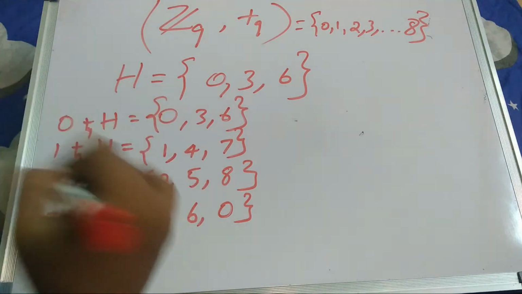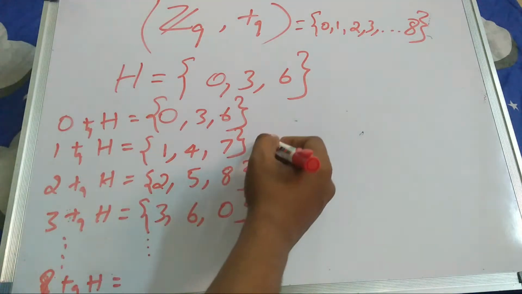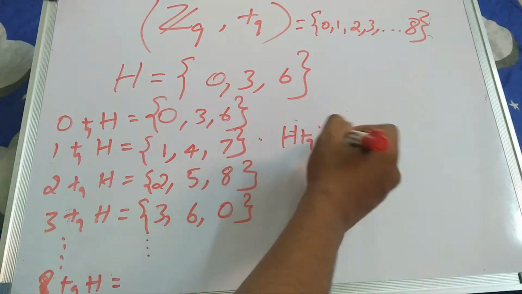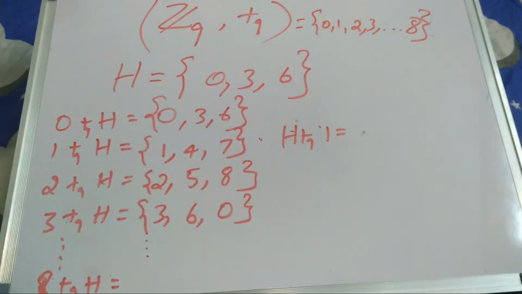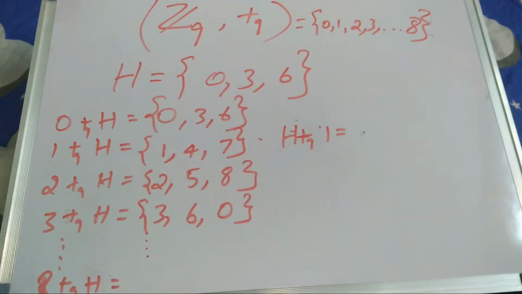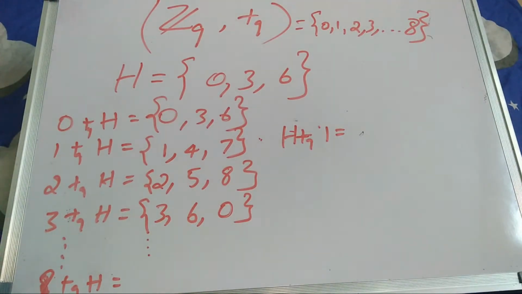Now, please check whether the corresponding right cosets, that is H plus 1 under addition modulo 9, are the same as this. If you are watchful with what I say and what operation we define, you can give the answer very easily.